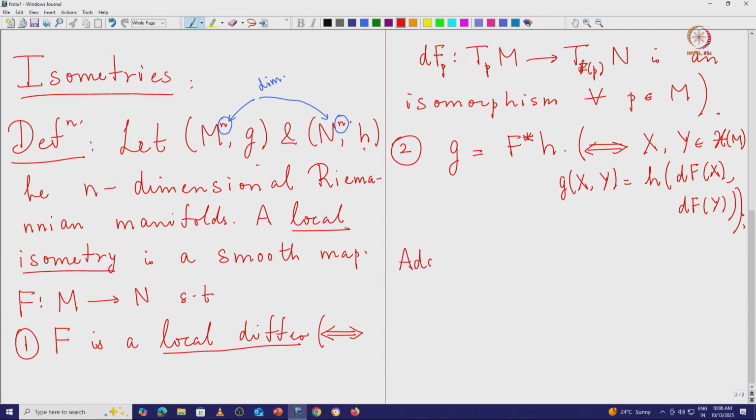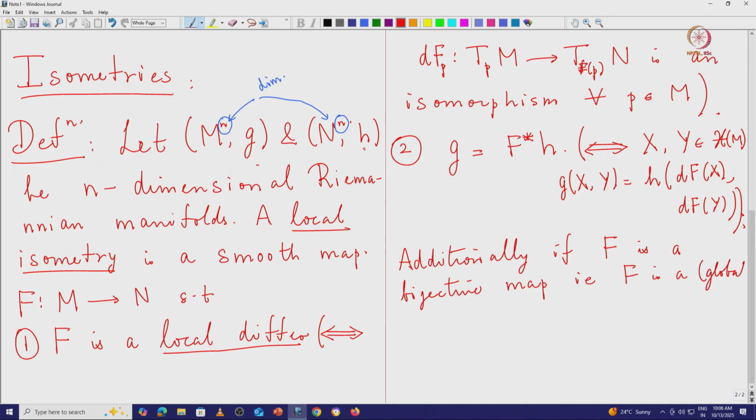Additionally, if F is a bijective map, i.e. F is a global diffeomorphism, then we say that F is an isometry.